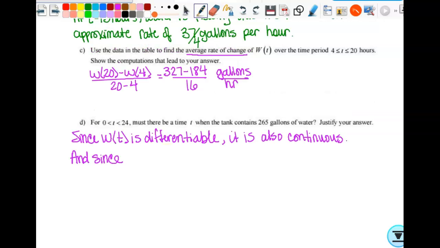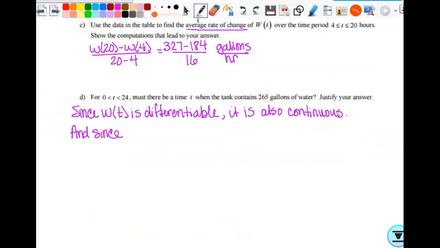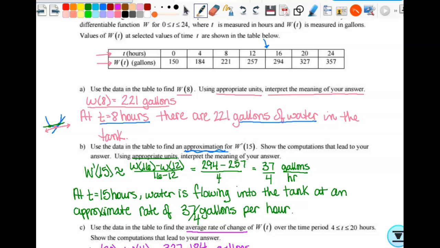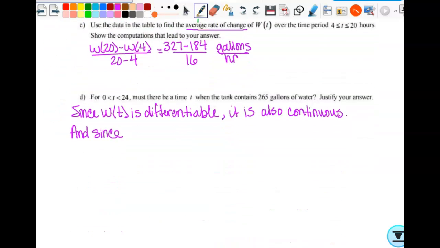265, where does that fit in here? Well, actually, it's asking between 0 and 24. So you can do it over the whole thing, but you can also narrow it down some, right? So where does this fit? 12 to 16, it fits in here as well, right? So we can do it from 12 to 16, but it's asking about 0 to 24, so I can say that's fine.